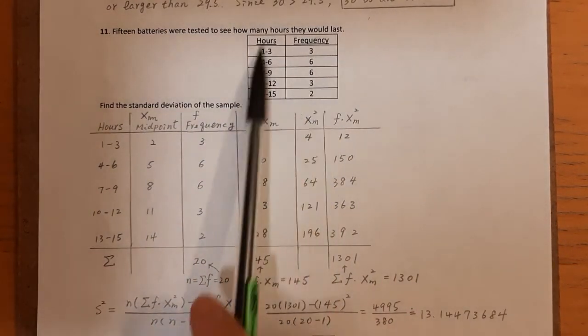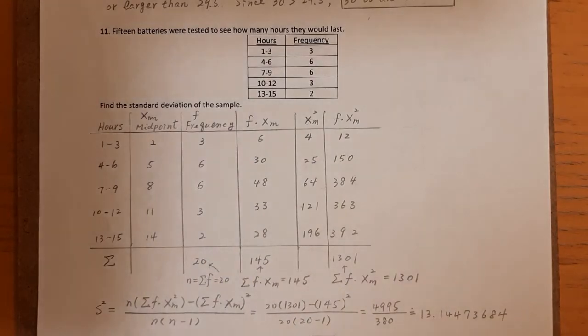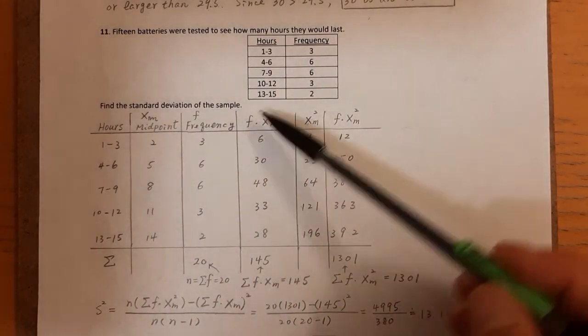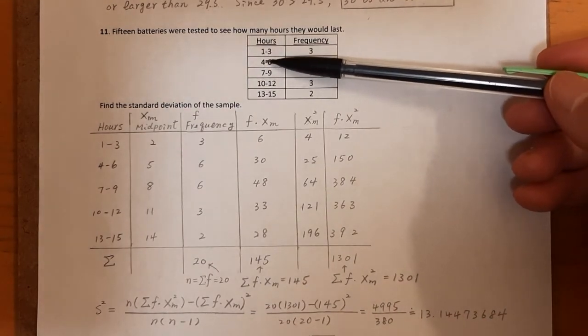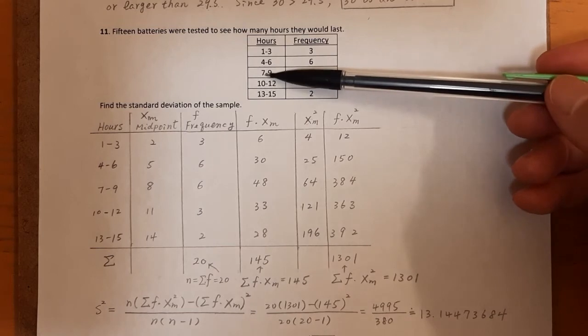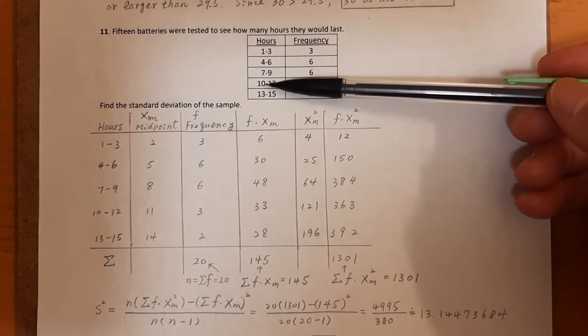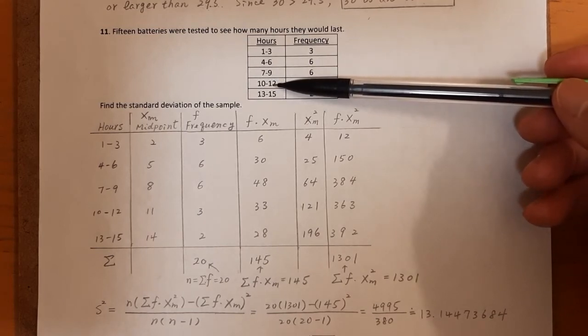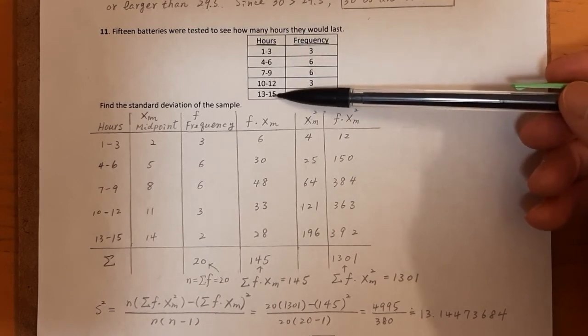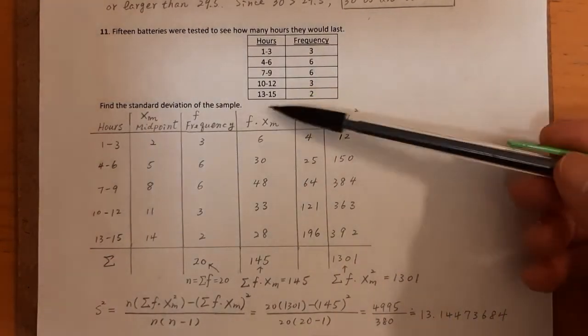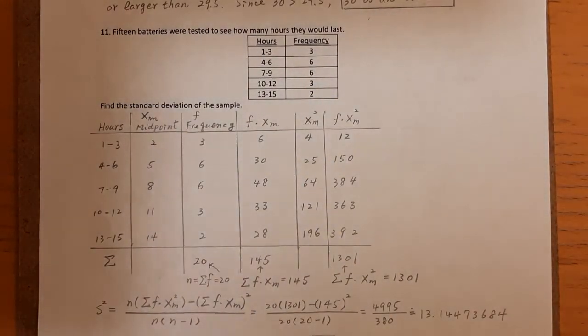This table is a frequency table. This is the class: 1 to 3 hours, 4 to 6 hours, 7 to 9 hours, 10 to 12 hours of battery life, and 13 to 15 hours.